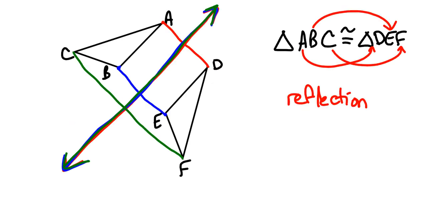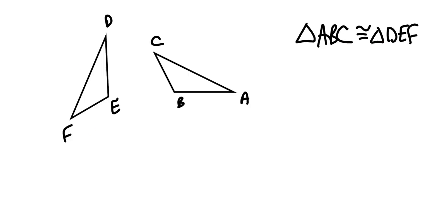Under a reflection, orientation changes. ABC is clockwise, DEF is counterclockwise. But under a rotation, ABC is clockwise, DEF is also clockwise. Orientation is preserved under rotations. So also under translations, but this is definitely not a translation.